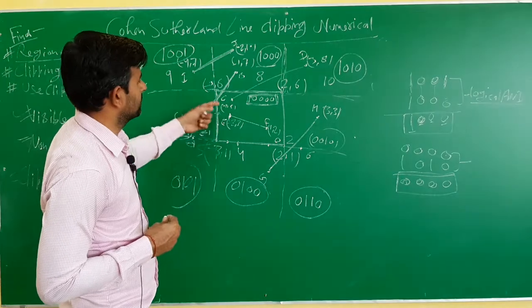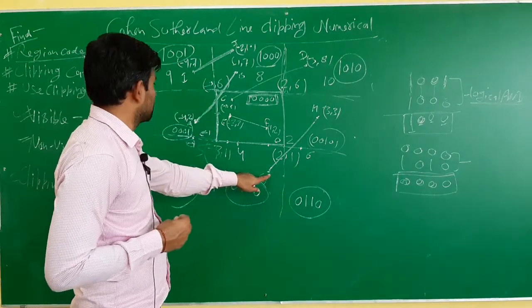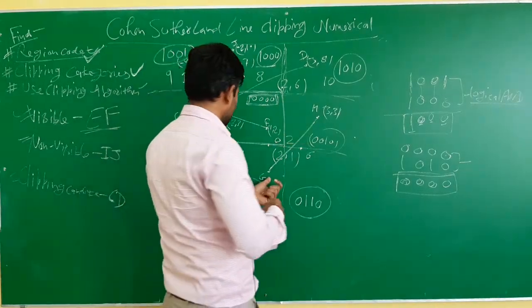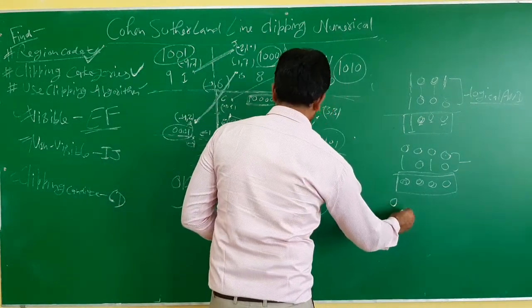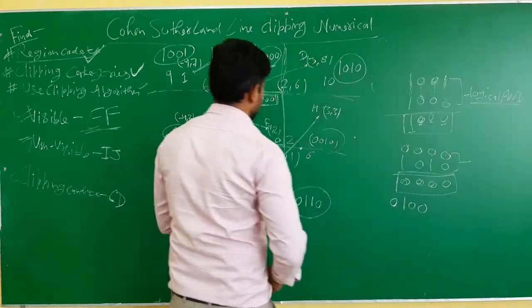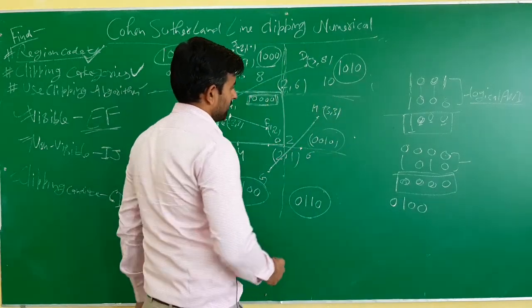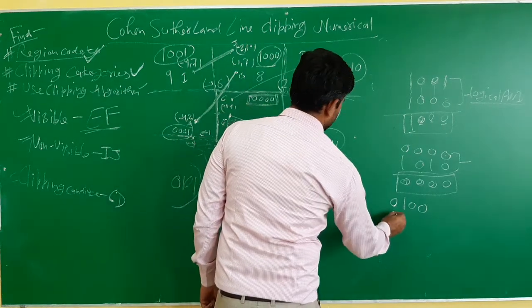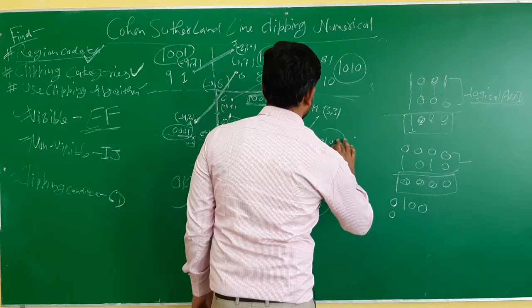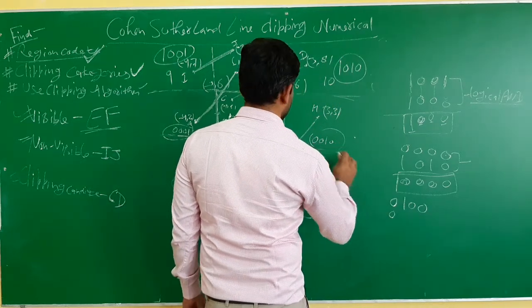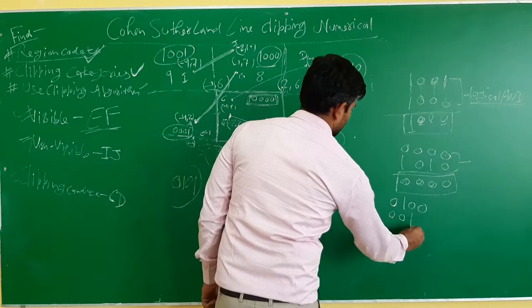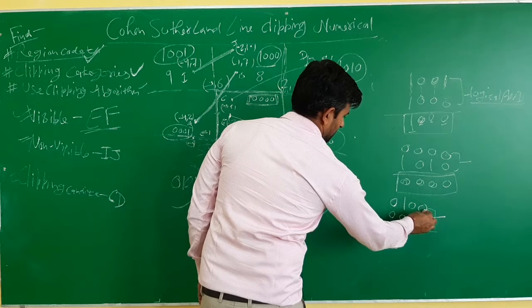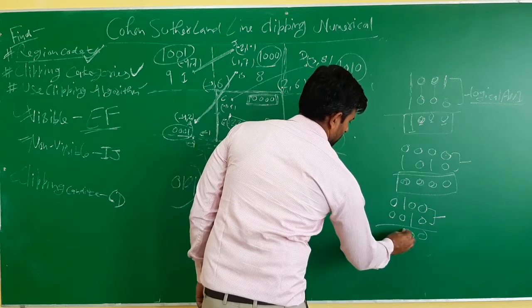Come to the next line, G and H. G has the region code 0 1 0 0, and H has the region code 0 0 1 0. Perform the logical AND operation, then we will get 0 0 0 0.